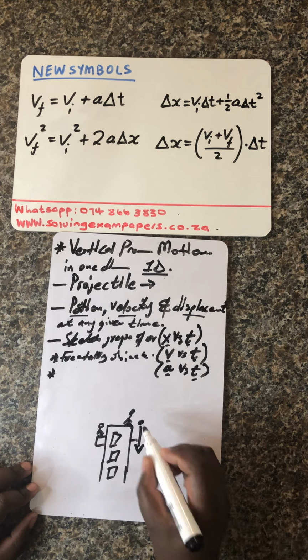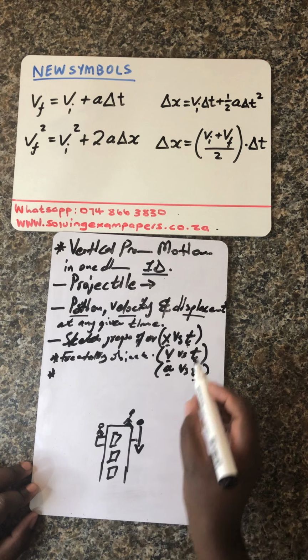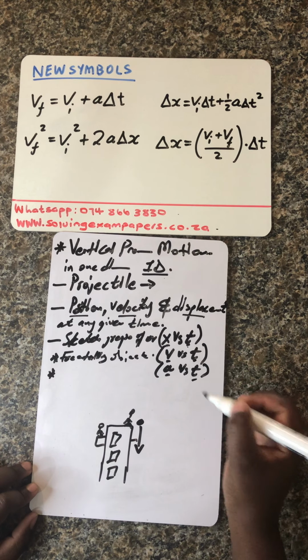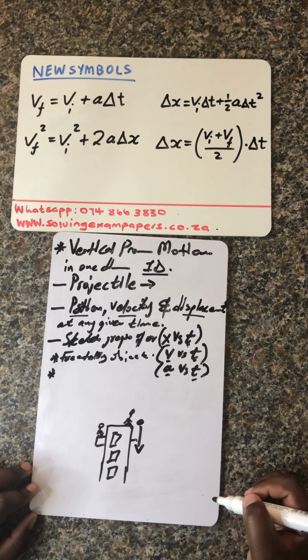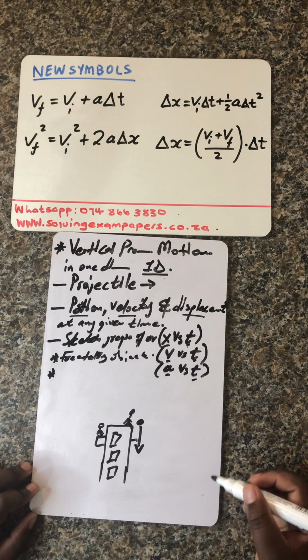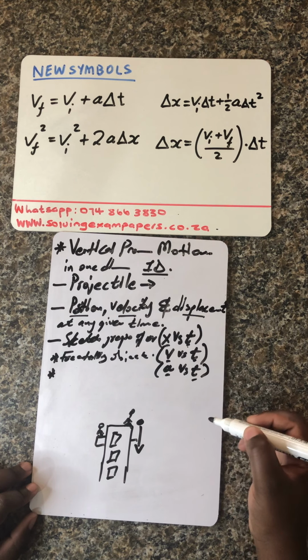So for this object we can sketch a graph of position versus time, velocity versus time, acceleration versus time, okay.